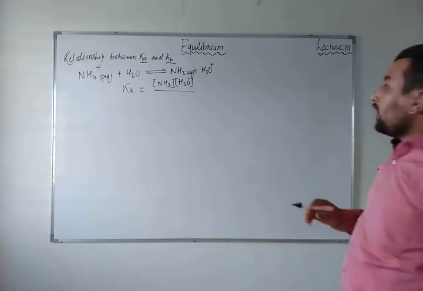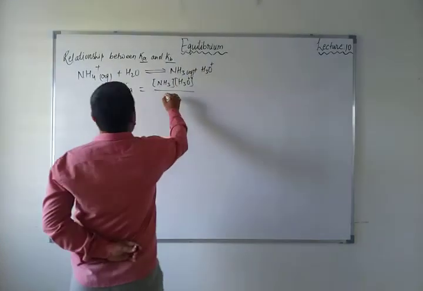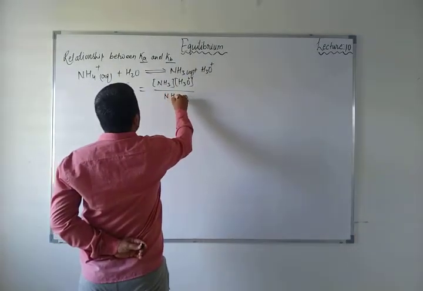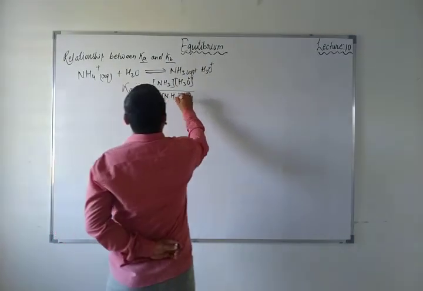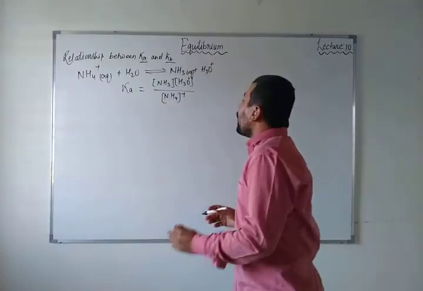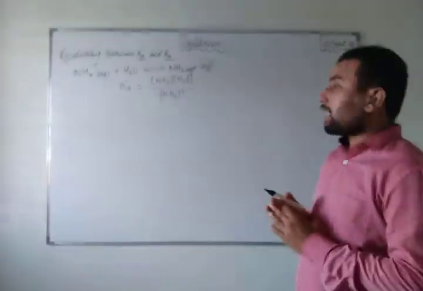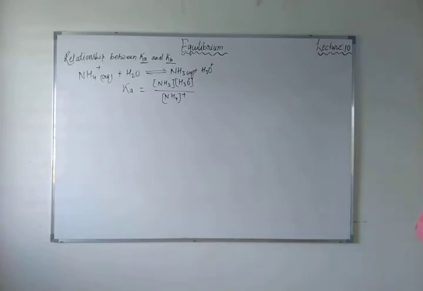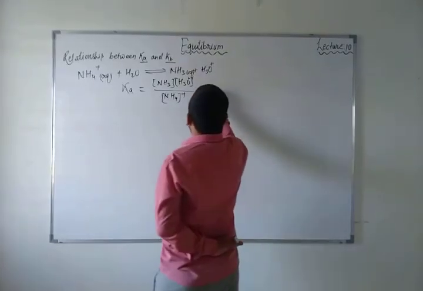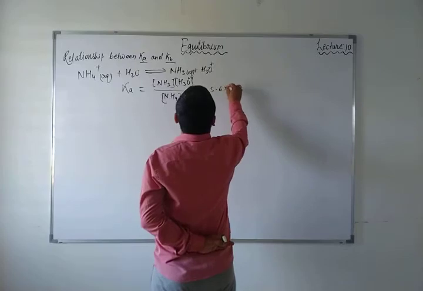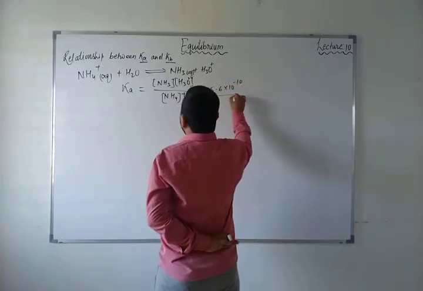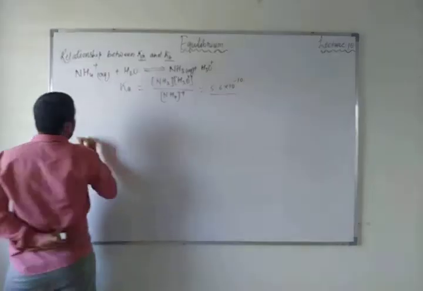So if you calculate this value, it is 5.6 into 10 to the power minus 10. Got it? Now the same reaction for the weak bases, okay?